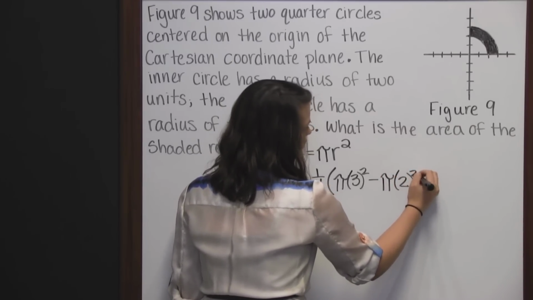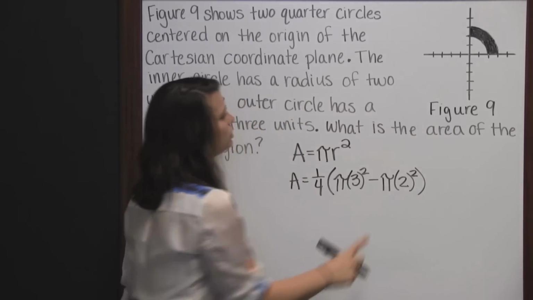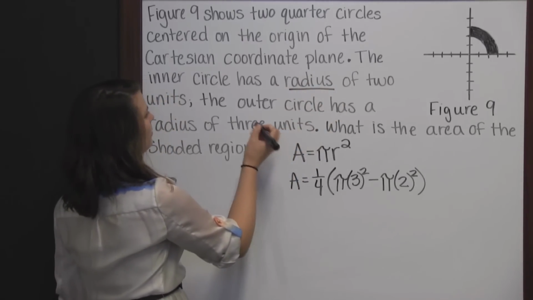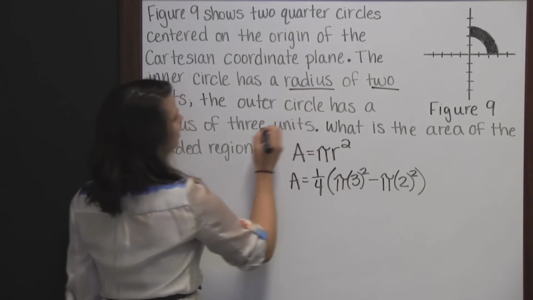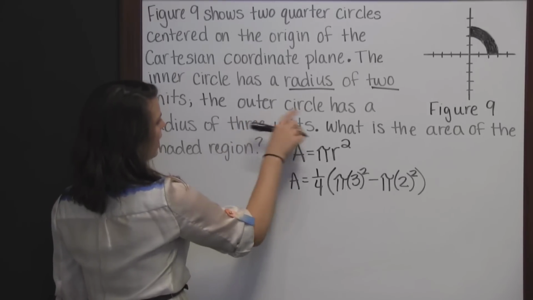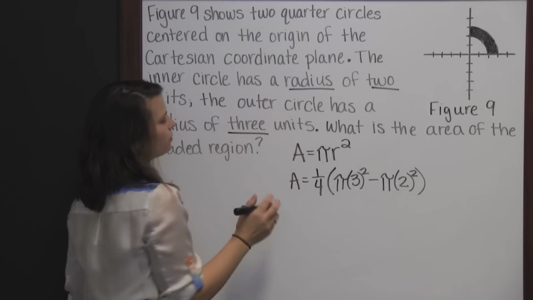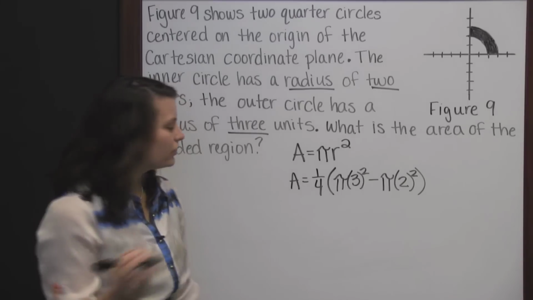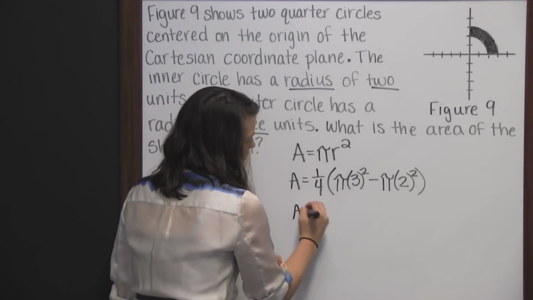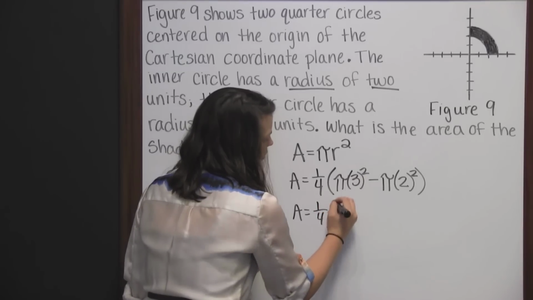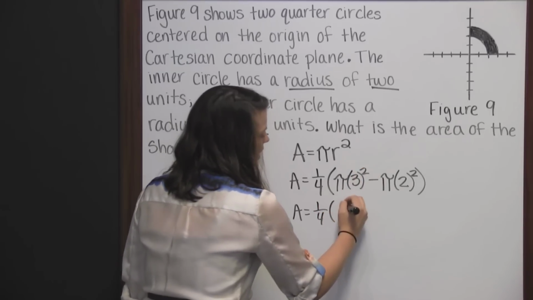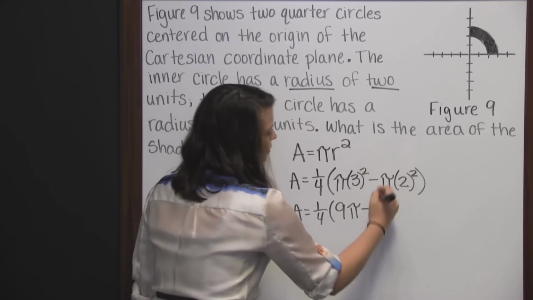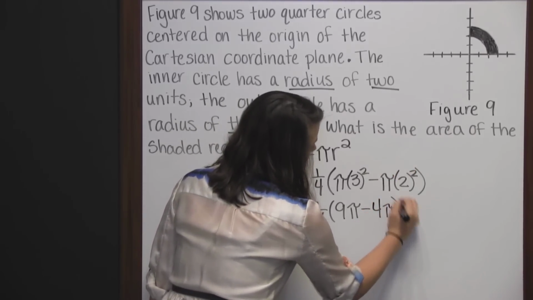times 2 squared. And the 3 and the 2 came from the radius. The radius of the small circle is 2, and the outer circle has a radius of 3. So that's where these numbers came from. And now let's simplify that. So we get area is 1/4 of 3 squared is 9, so 9 pi, minus 2 squared is 4, so 4 pi.